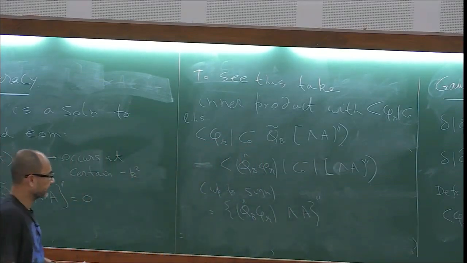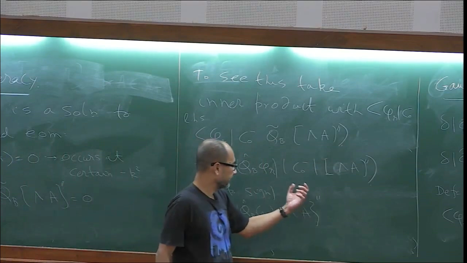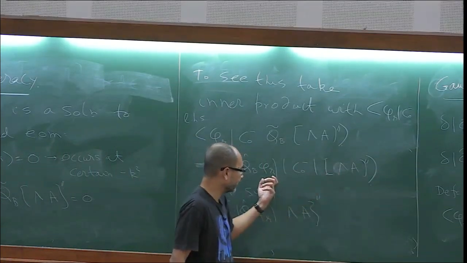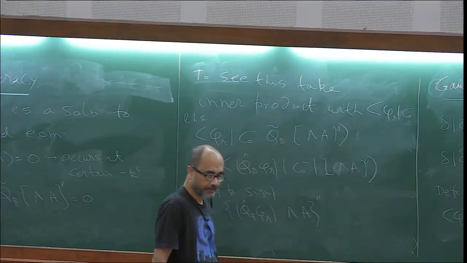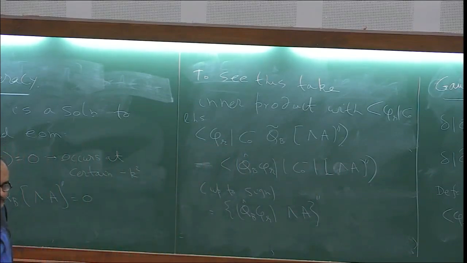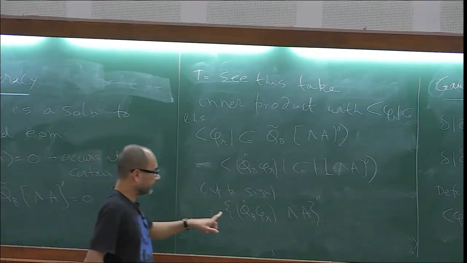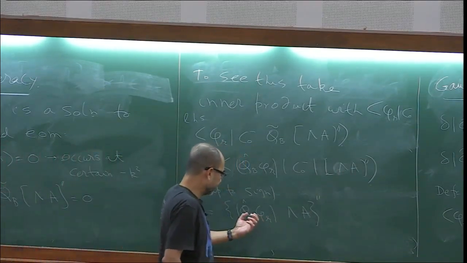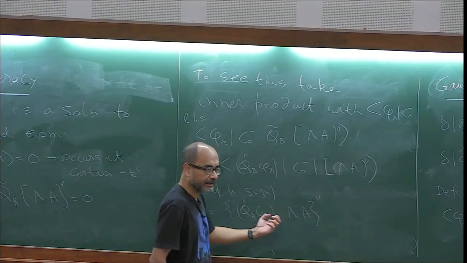By definition, this square bracket was defined so that the inner product with any state is given by this curly bracket. Is this clear?